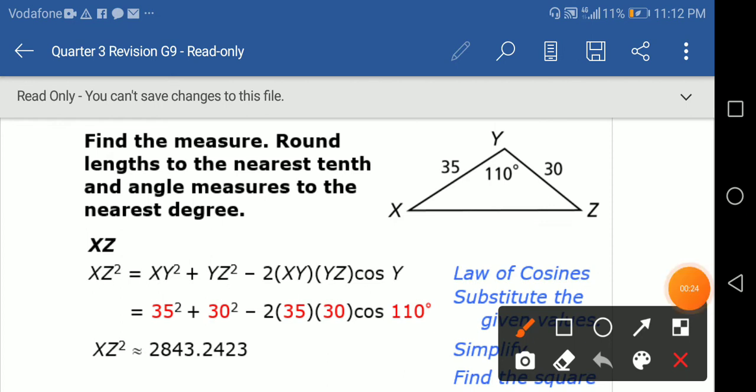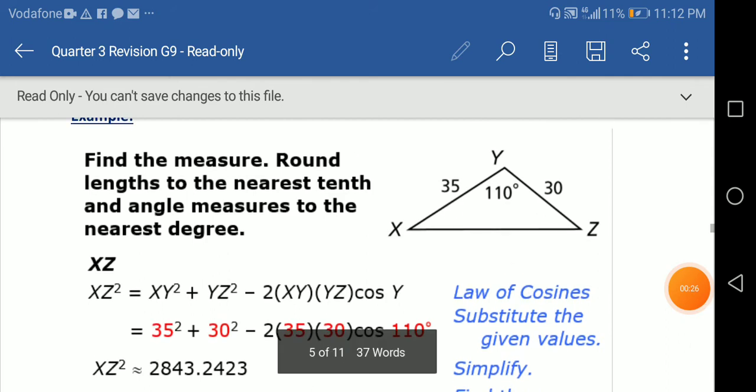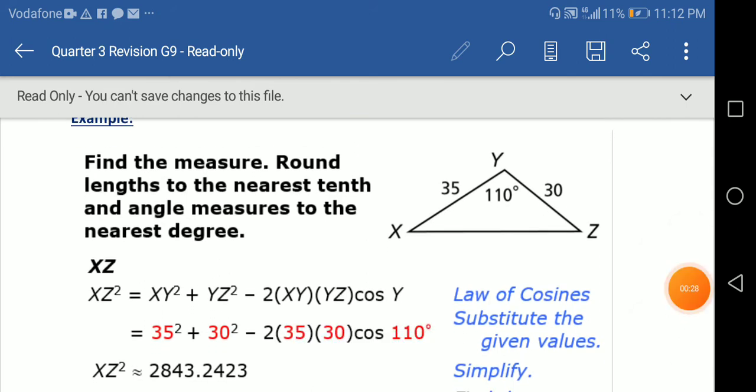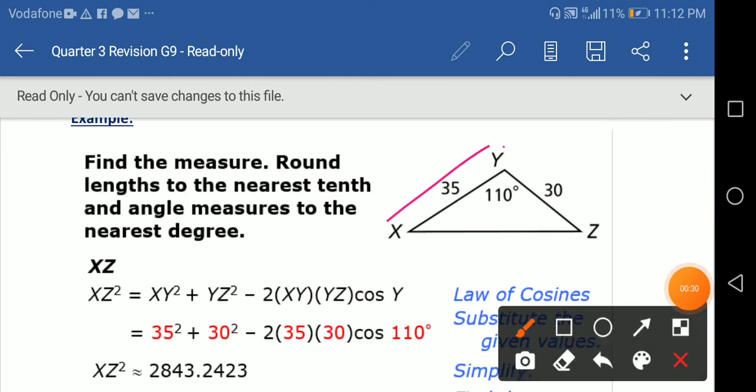I will say XZ power 2 is equal to XY power 2 plus YZ power 2 minus 2 times the two sides, 2 times XY and YZ, cosine the in-between angle.